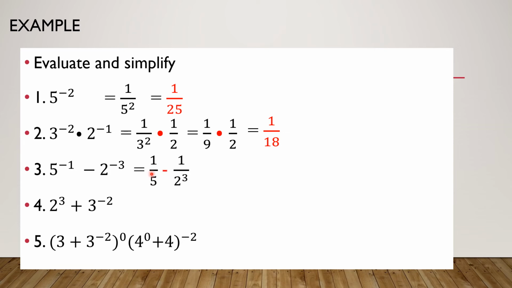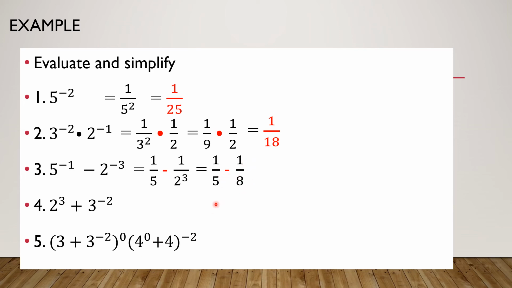So, let's simplify. 5 raised to negative 1 is 1/5 minus 2 raised to negative 3 is 1 over 2 cubed. Then, 1/5 minus 1 over 2 cubed is equal to 1 over 8 or 1/8.